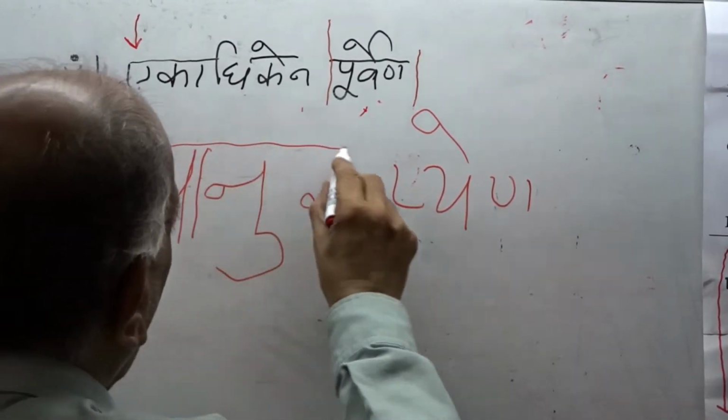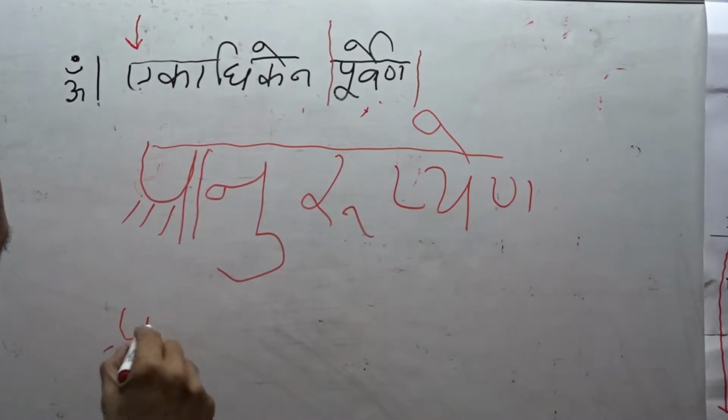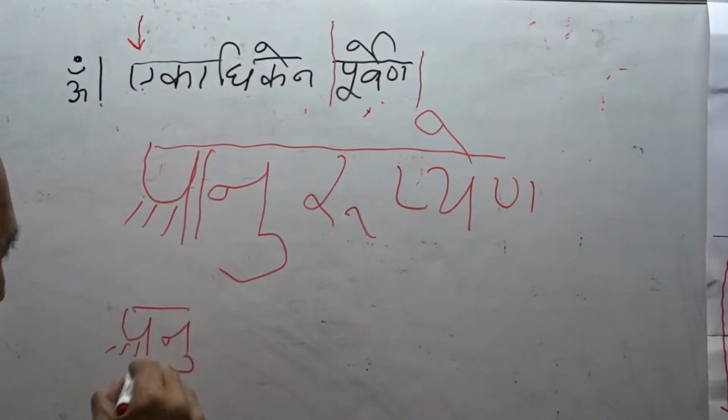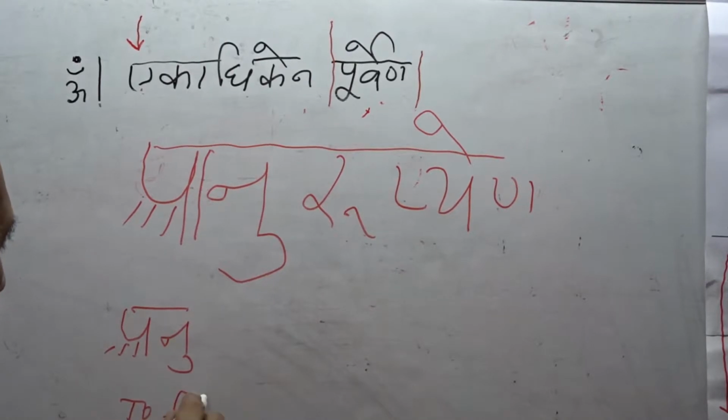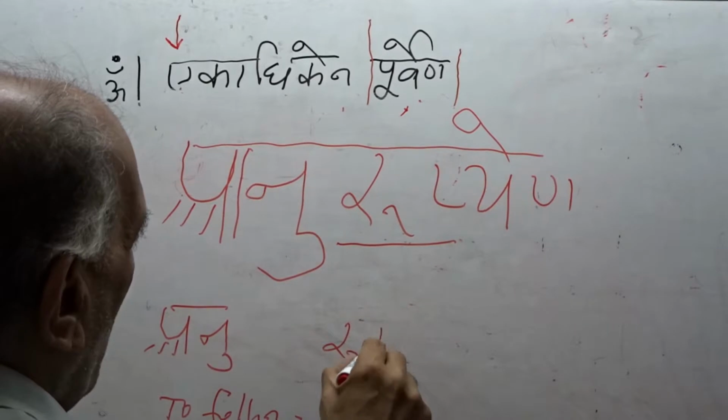This formulation Anurupe gives us Anu means to follow. Roop is the form.